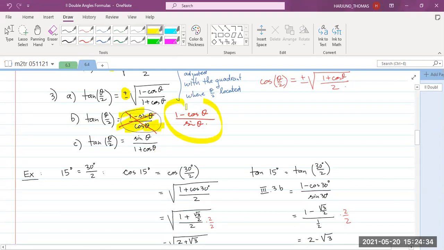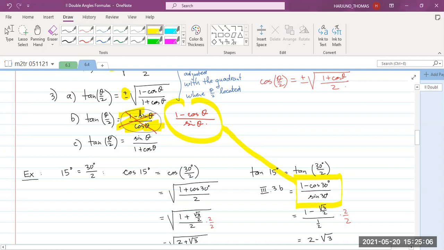It's supposed to be this one, but right after that, here I used the correct formula. You see that? So yes, I wrote a wrong formula, but when I used it, I didn't use that wrong formula. I used the correct one already. It must be because I was absent-minded when I wrote that formula there.